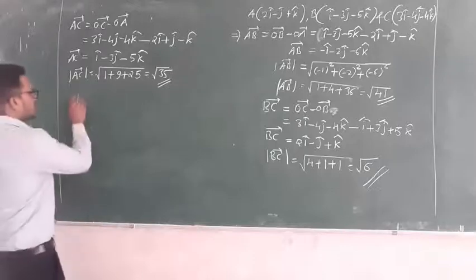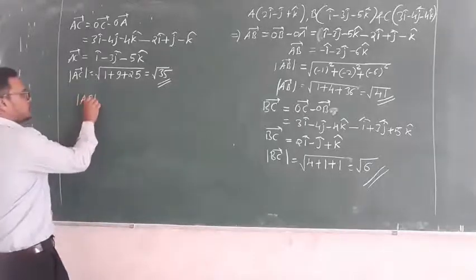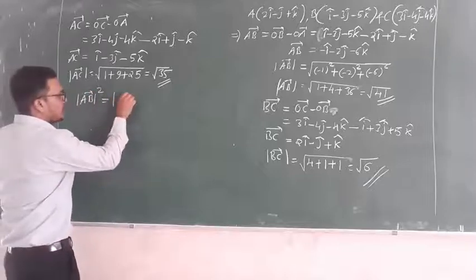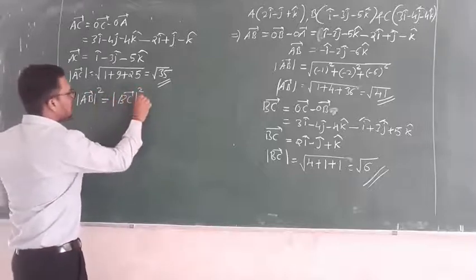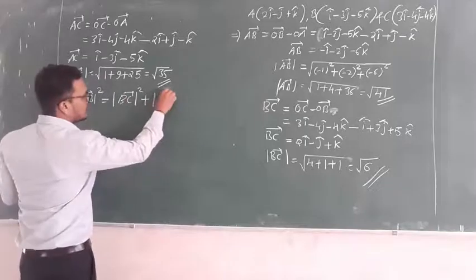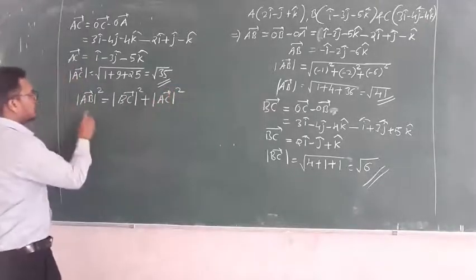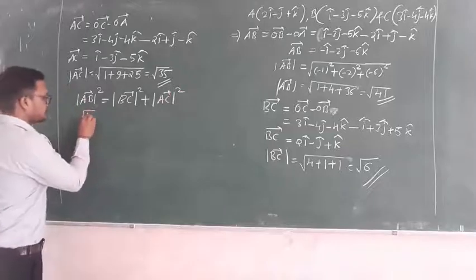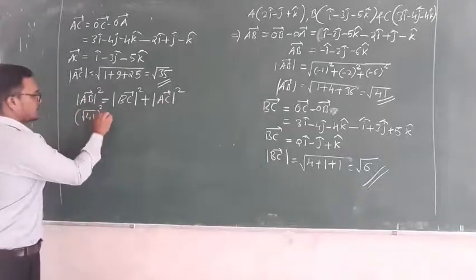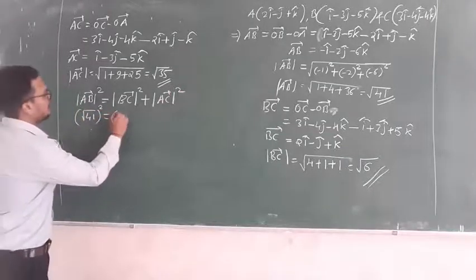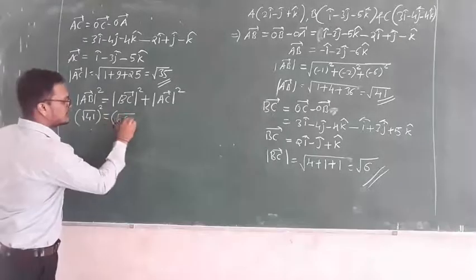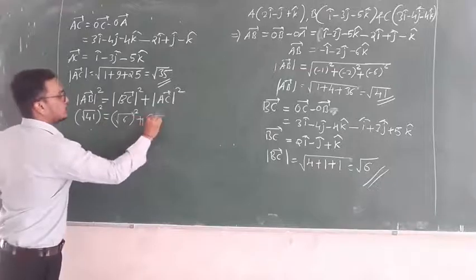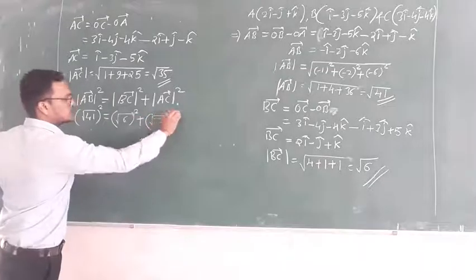So therefore you have to take the condition, magnitude of vector AB square is equal to magnitude of vector BC square plus magnitude of vector AC square. So magnitude of vector AB is how much? Root 41 square is equal to root 6 square plus AC root 35 square.